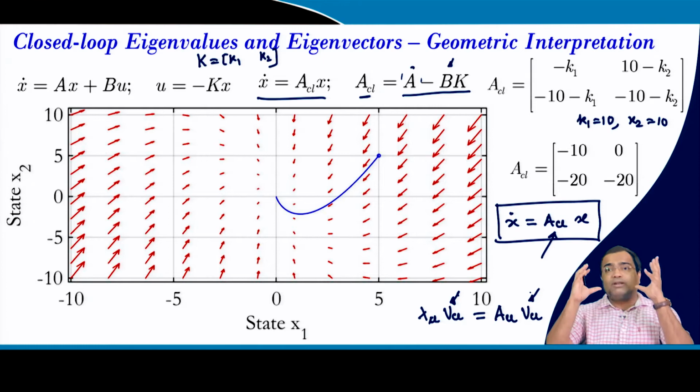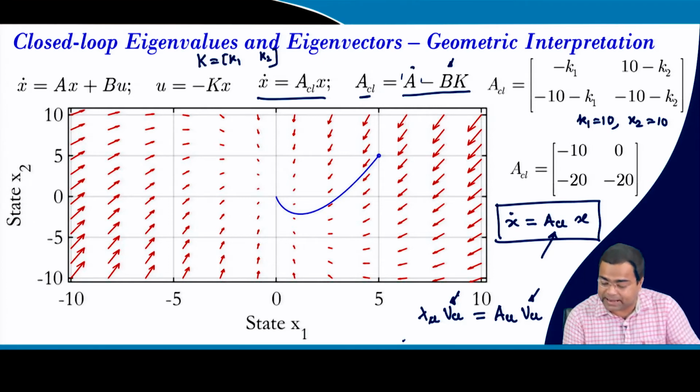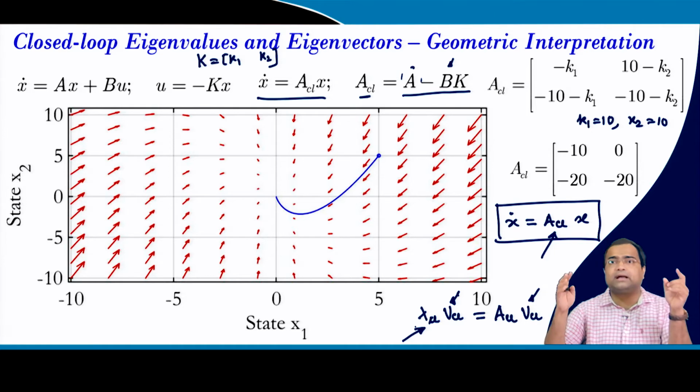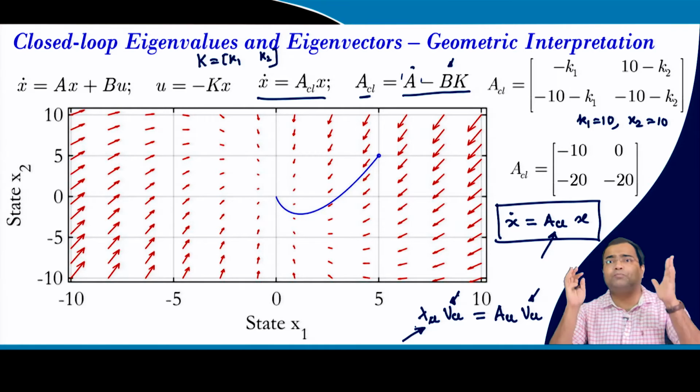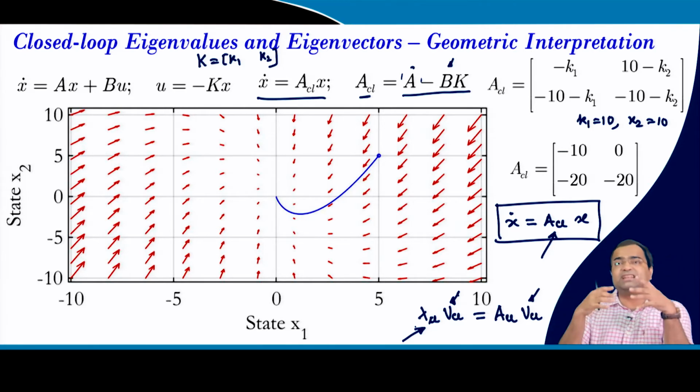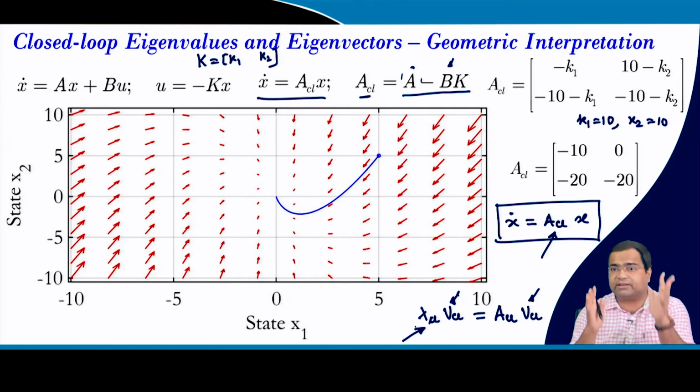So, now what we essentially do is place this closed loop eigenvalue. In state feedback control, we are trying to place the closed loop poles, or sometimes we interchangeably use poles and eigenvalues, but unless you consider an output, there is no concept of pole zero.